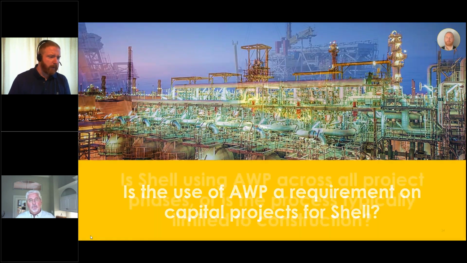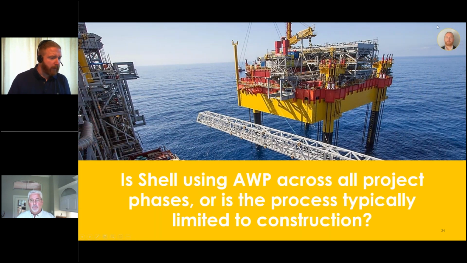Okay, thanks. Next up, is Shell using AWP across all project phases, or is it typically just limited to the construction phase? Yeah, this is a conundrum a little bit, I guess. It's very dependent on the project and portfolio that you're looking at implementing AWP against.